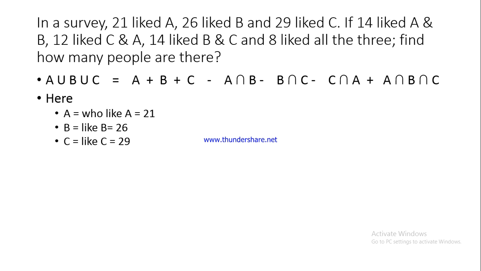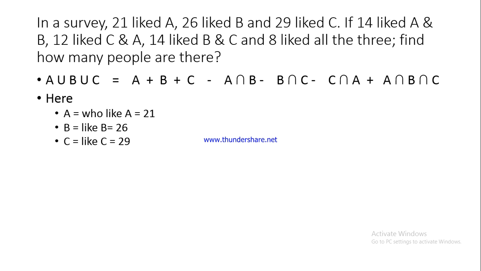So please understand the difference between A and only A. I am telling this again, that here we are nowhere having this data regarding only A. What we have got is A, B and C, which means again B for example is 26, means these people like B but they may or may not like C, A and C as well as A. So we do not have any idea about that particular aspect, whether they like C and A and both C and A. All we know is that they definitely like B, right?